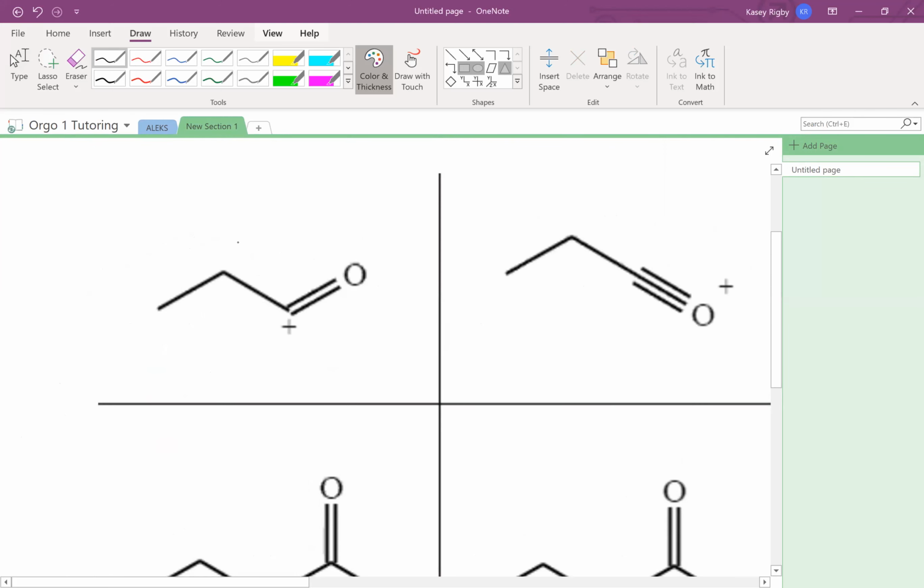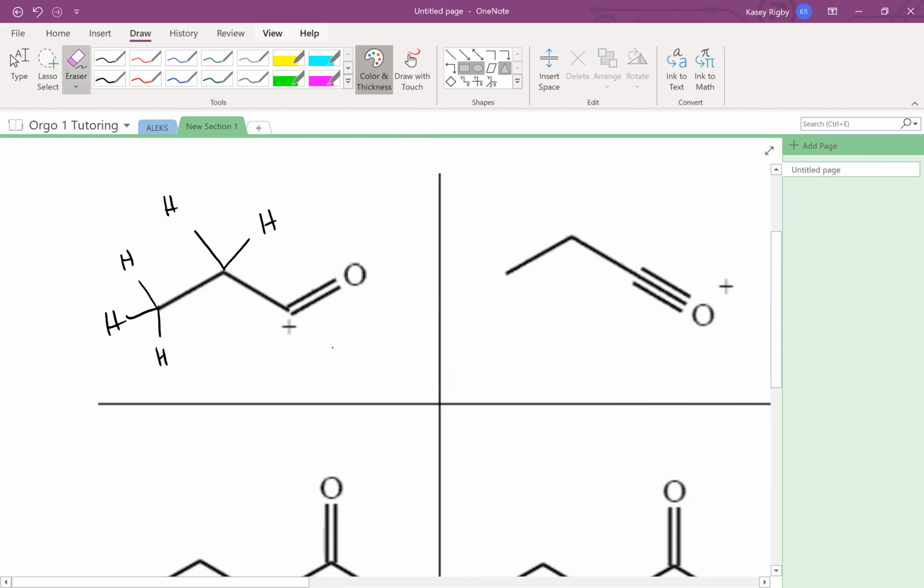Essentially, I'm going to draw in all of the hydrogens that we can't see. So there's a hydrogen right here, a hydrogen right here, 3 hydrogens right here, and then this one says it has a positive charge.